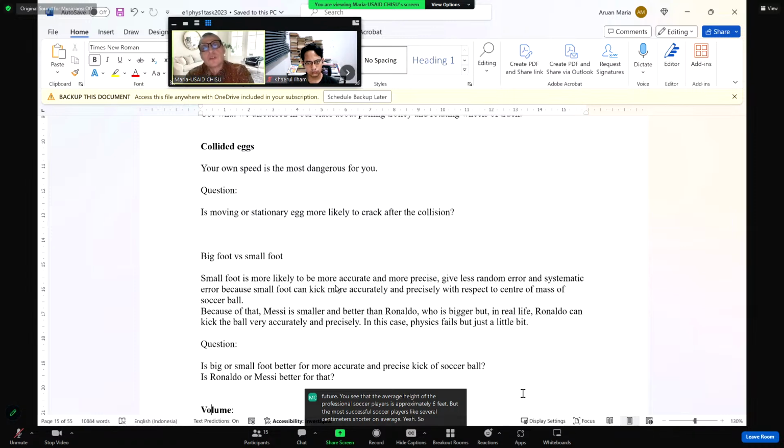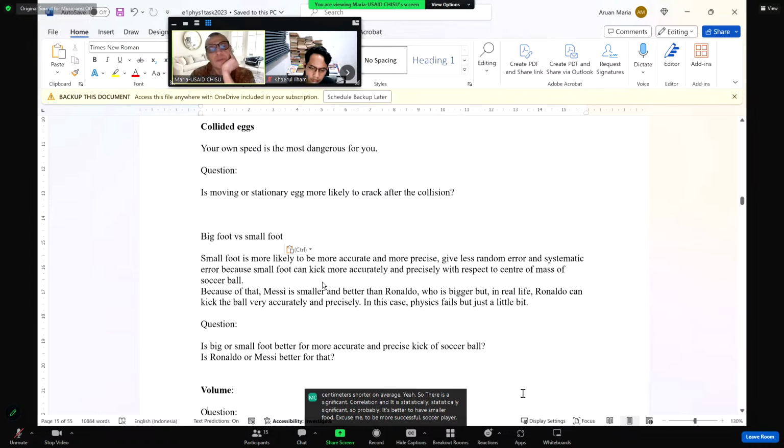So there is a significant correlation, and it is statistically significant, so probably it's better to have a smaller foot, to be a more successful soccer player, to kick the soccer ball more accurately and more precisely.